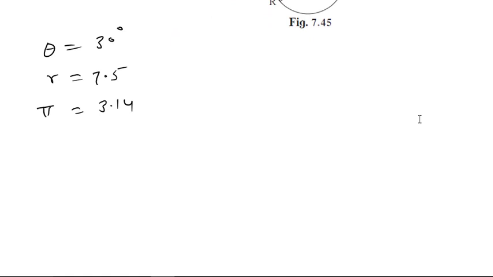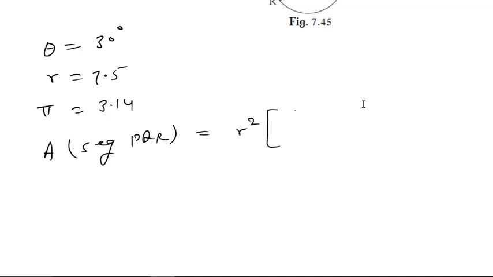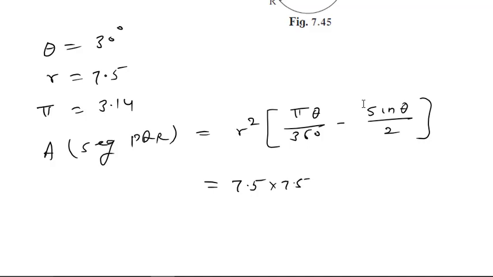So again, what is the formula for area of segment? Area of segment PQR is equal to R square, inside the bracket we have pi theta upon 360 minus sin theta divided by 2. So here R square, 7.5 square, you will say 7.5 multiplied by 7.5.